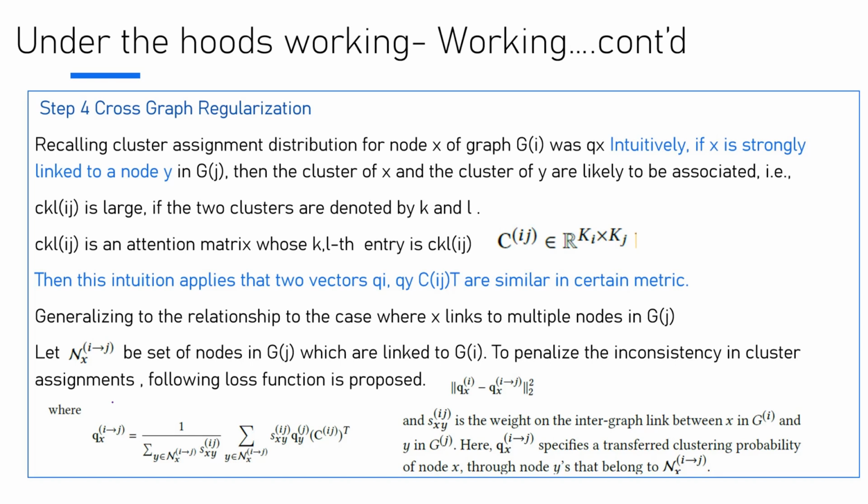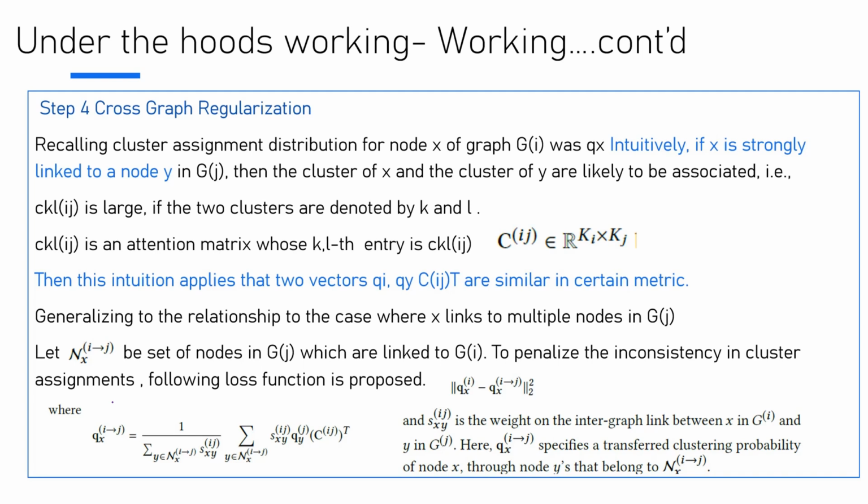So that is, C_kl^ij is large for the two clusters denoted by k and l. Now, C^ij is essentially an attention matrix, so the scaled entry is C_kl^ij. And this intuition applies that the two vectors q_i and q_j transpose are similar in certain metrics.